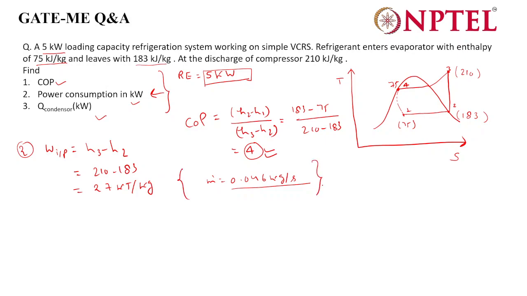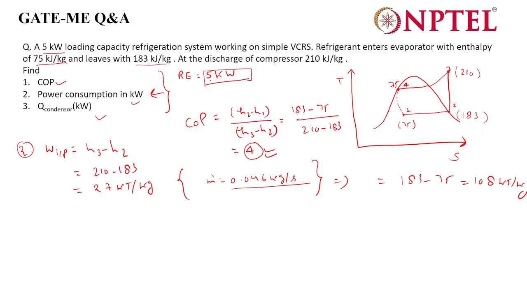This mass flow rate we can get from here: the refrigeration effect divided by this whole kilojoule per kg. So in order to find the mass flow rate, we find the refrigeration capacity first. It will become 183 minus 75, which is 108 kilojoule per kg.